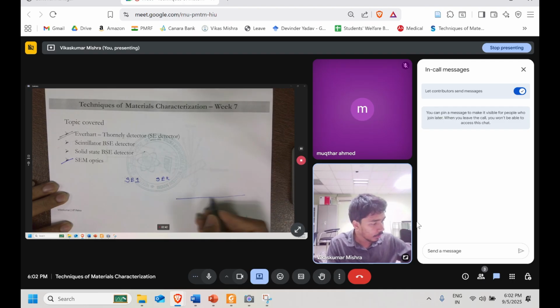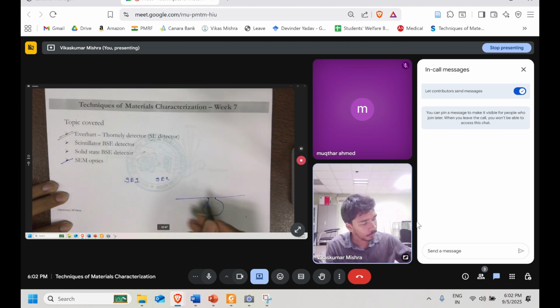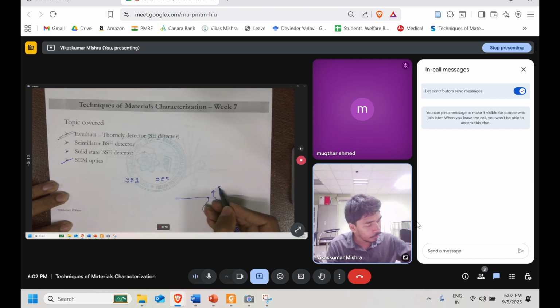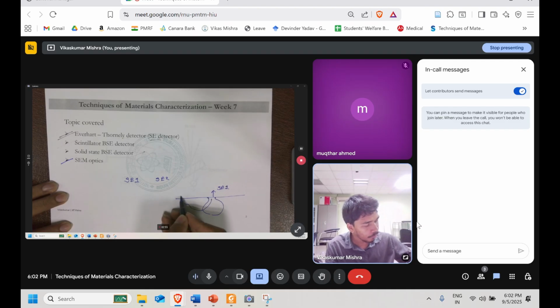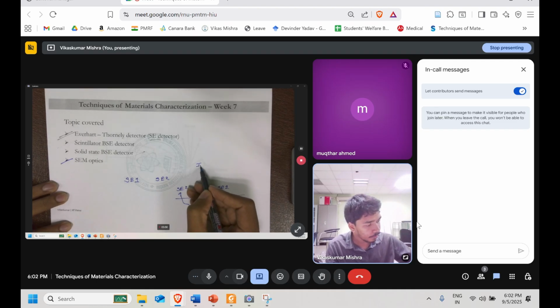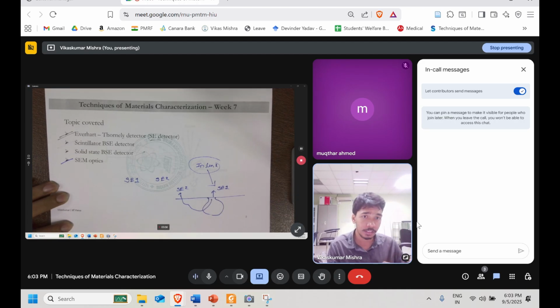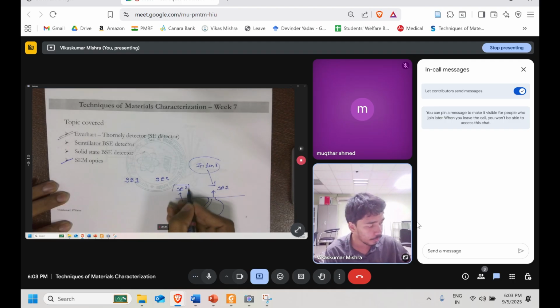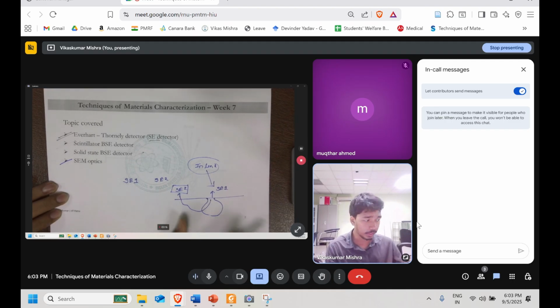If we take our interaction volume, SE1 will come from here and the SE2 will be somewhere over here. So this inline detector's signal is majorly determined by the SE1. A very small, insignificant amount of signal is also considered from the SE2. But majorly, on the larger scale, it is by the SE1.